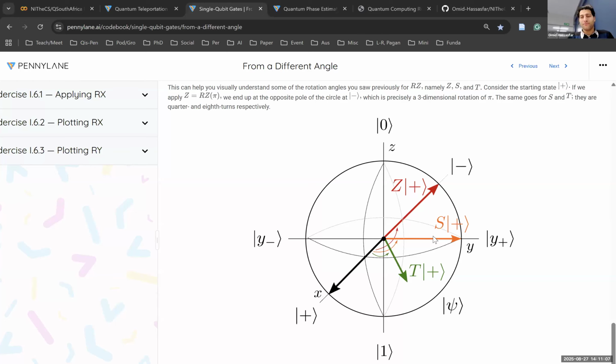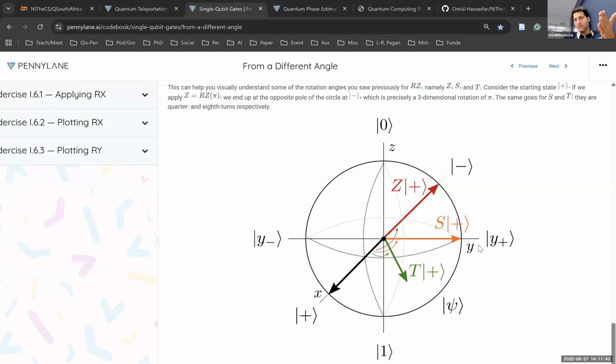We can basically write them in terms of the Z rotation. I mentioned we have rotation around Z. If we specify pi, this is exactly Pauli Z. What about S? If instead of pi, I have pi over 2, which is 90 degrees, then instead of coming to the minus side, plus goes to plus y.